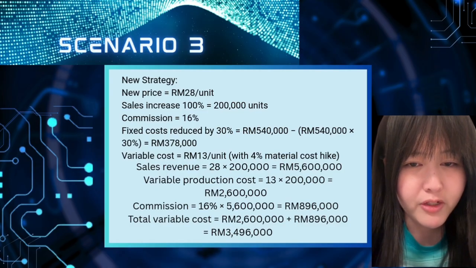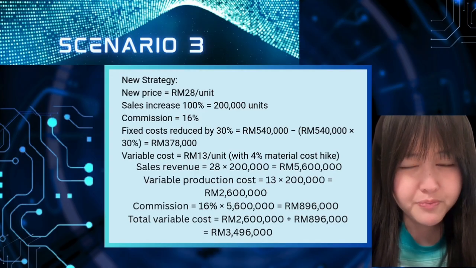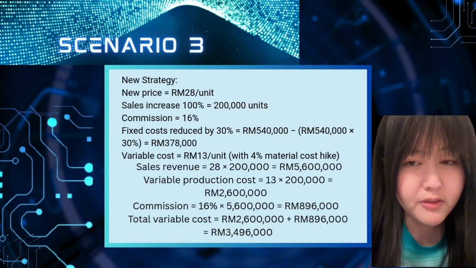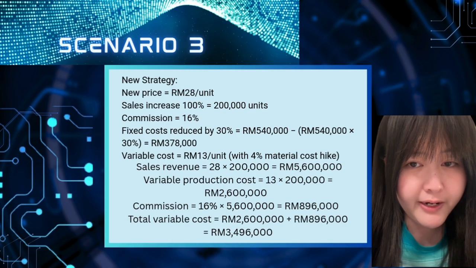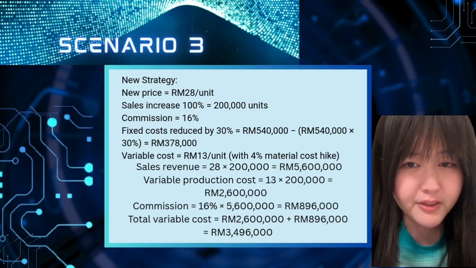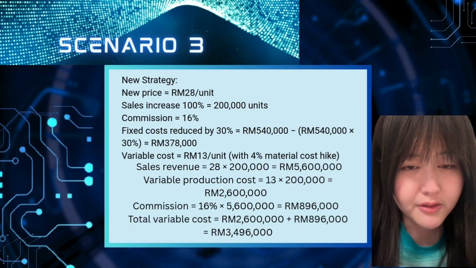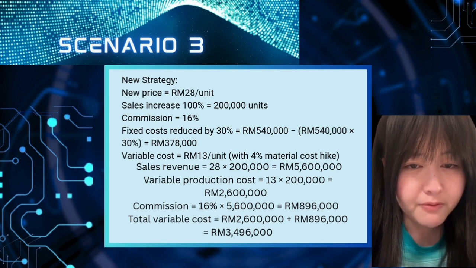Net income ratio equals 1.726 million divided by 5.6 million, equals 30.8%. The result is very good. It is well above the 28% target. This plan is smart. The price is not too high. Sales increased. Fixed costs are lower. We believe this is the best option for the company.